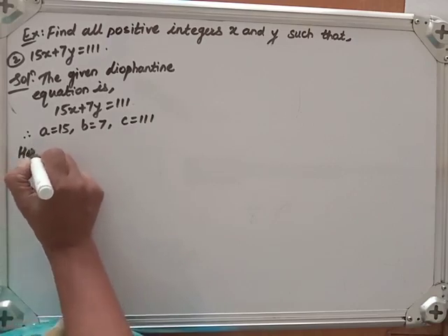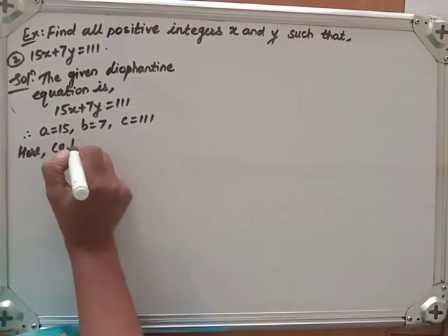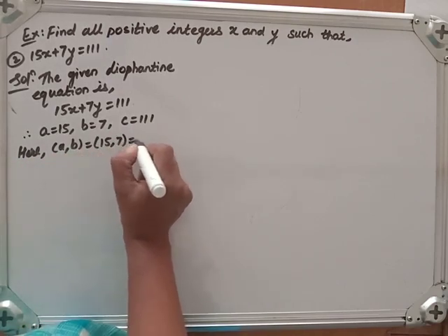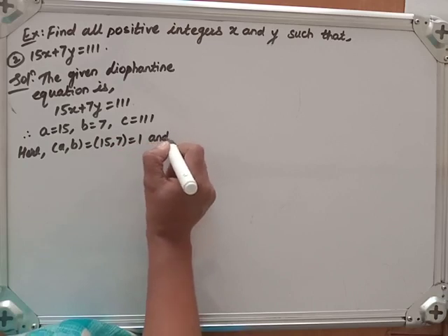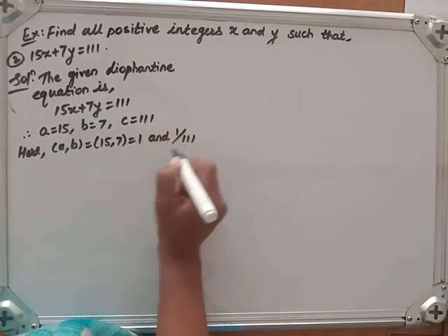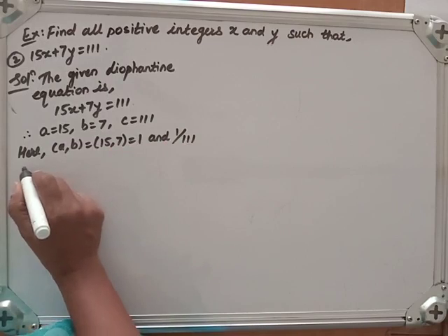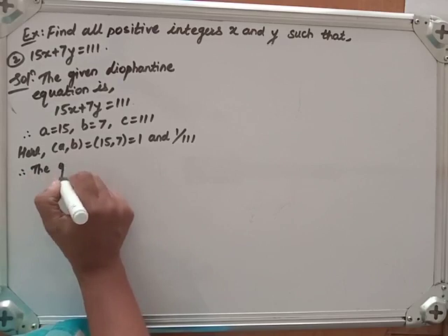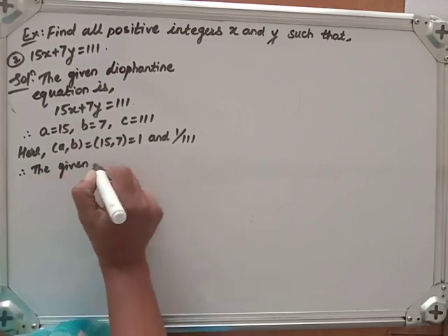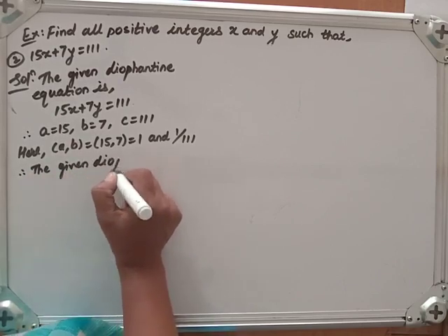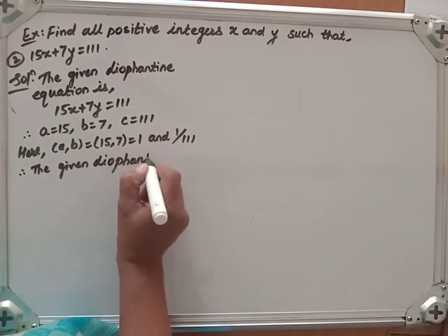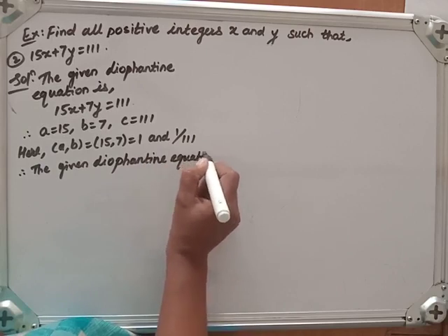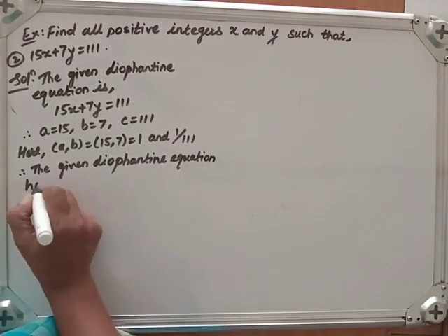Here A and B, that is 15 and 7, are relatively prime and 1 divides 111 also. Therefore, the given Diophantine equation has a solution.